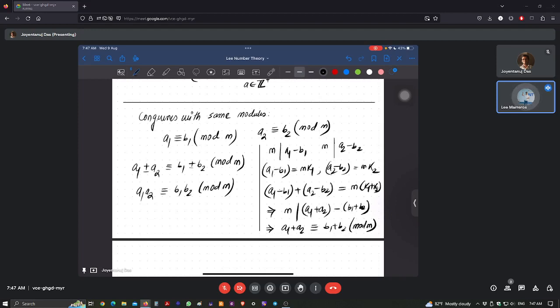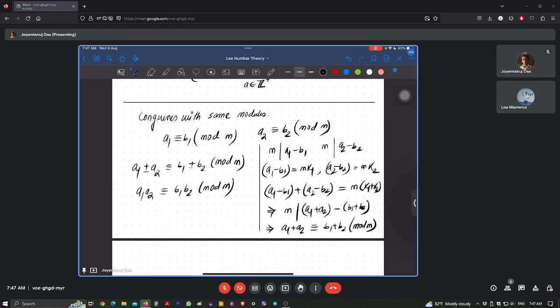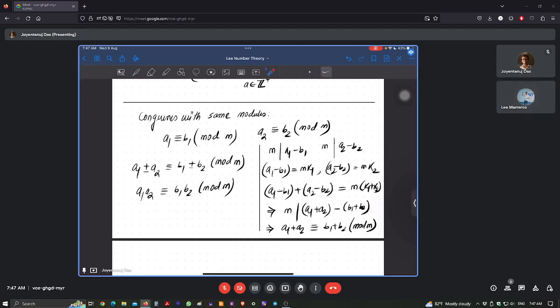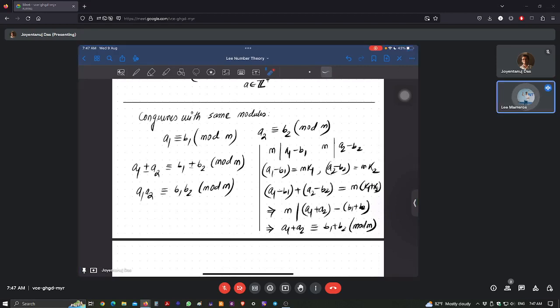Yeah, I mean we can do the same maybe, and then we can see. Same, how will you do? A1 minus B1 equals M K1, A2 minus B2, up to this is fine. Then how will you go to the product? We need to multiply A1 and A2. I mean, we can multiply them both.